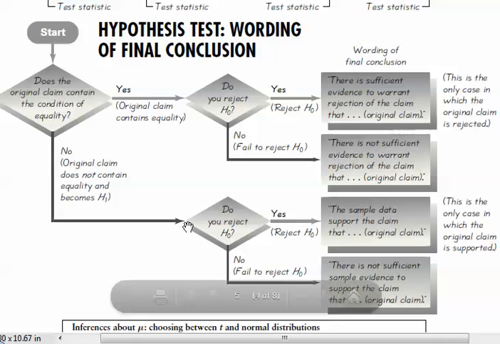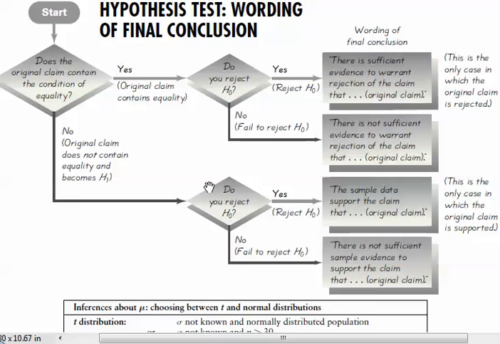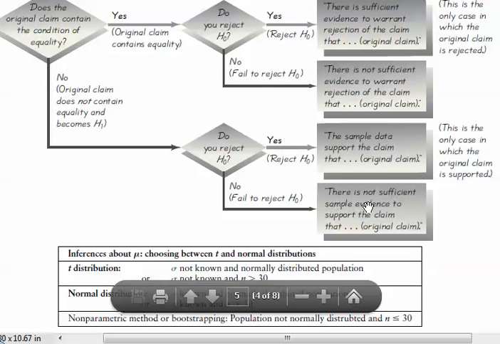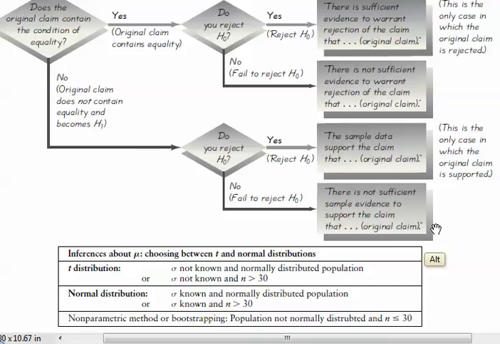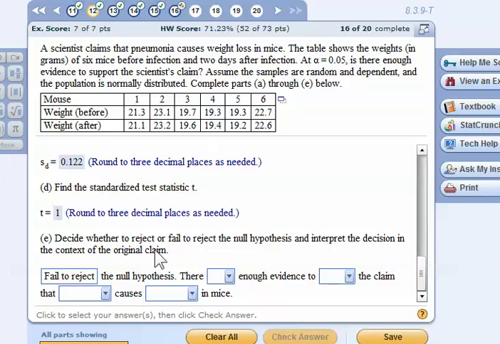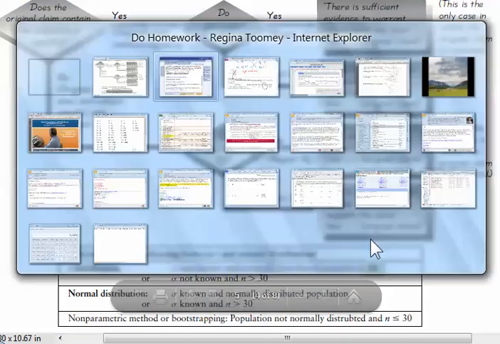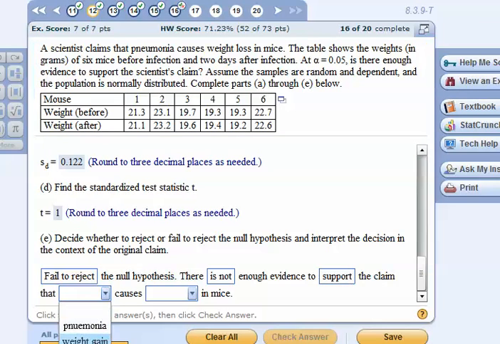For us, no. He was claiming that there was going to be weight loss, strictly. Did we reject? No, we failed to reject. So there is not sufficient sample evidence to support the claim that pneumonia causes weight loss.